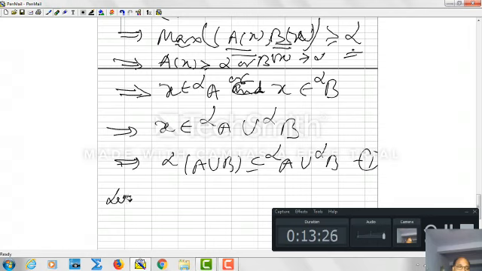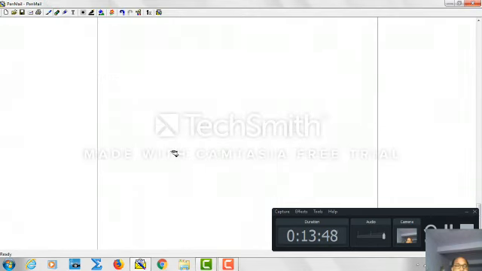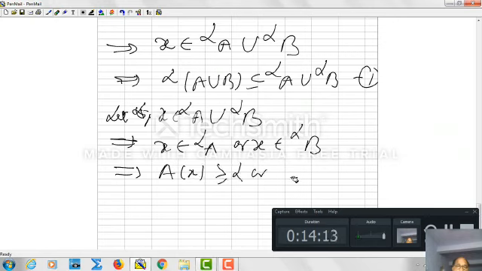For this, let x belong to alpha cut of A union alpha cut of B. Again, by the definition of union, x belongs to alpha cut of A or x belongs to alpha cut of B. Again, this implies the membership function A(x) is greater than or equal to alpha, or membership function B(x) is greater than or equal to alpha.